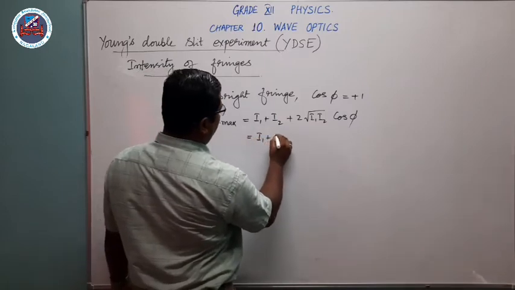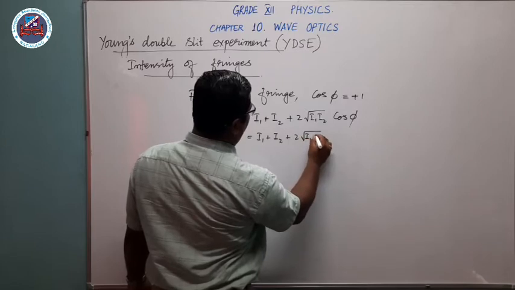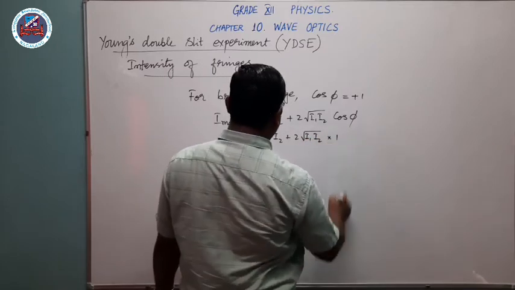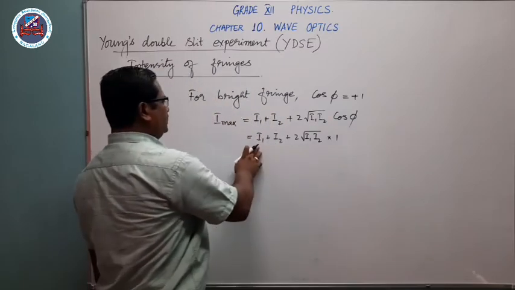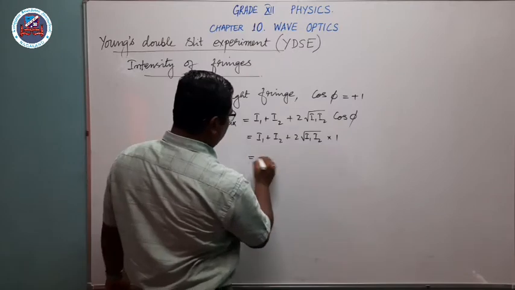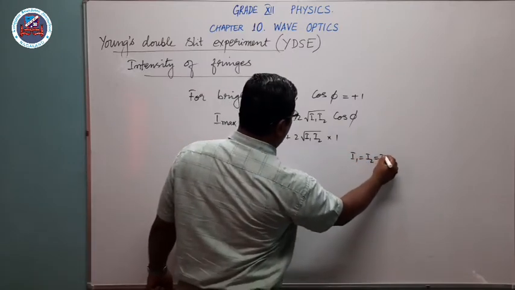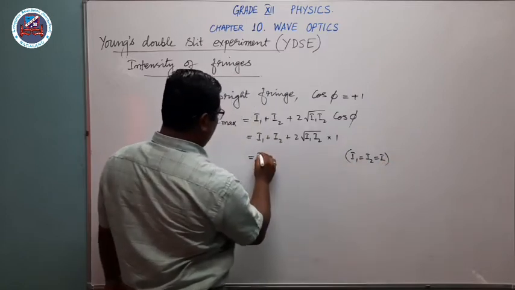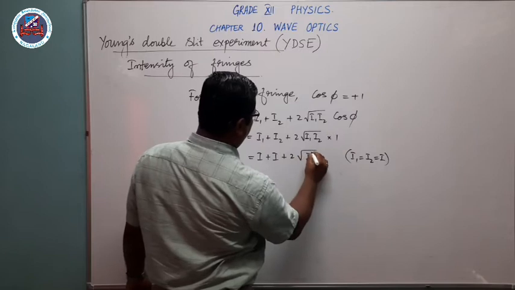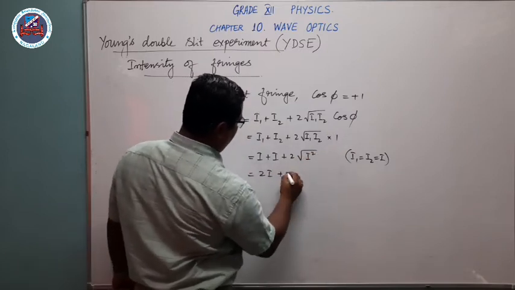I1 plus I2 plus 2 root I1 I2, with cos phi equal to 1. As you are taking coherent sources, here I1 will be equal to I2. Let us take it as I. Then it will be I plus I plus 2 root I square. So it will become 2I plus 2I.